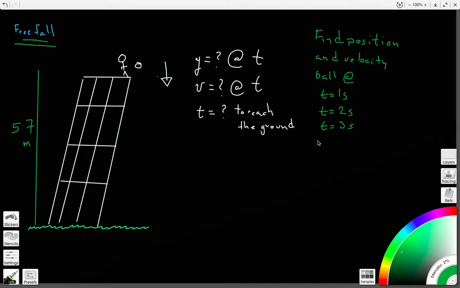Okay, so the first thing you need to do when you're working with these type of problems, and this is very, very, very important, the first step is to define my reference frame.